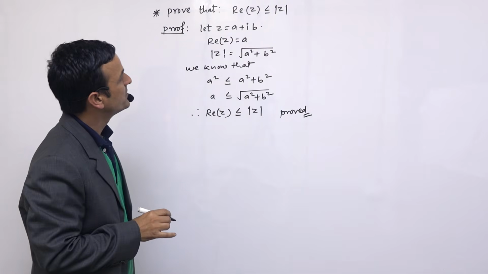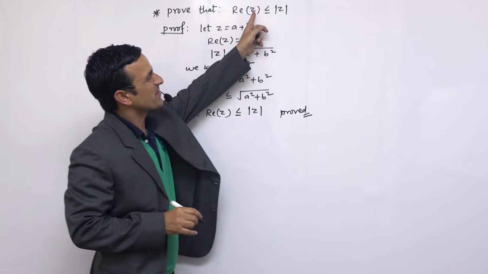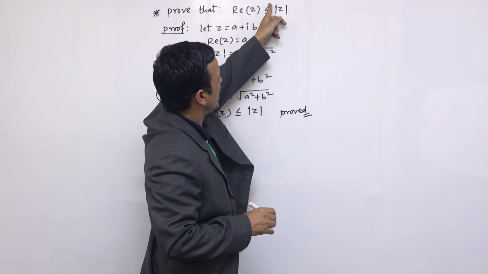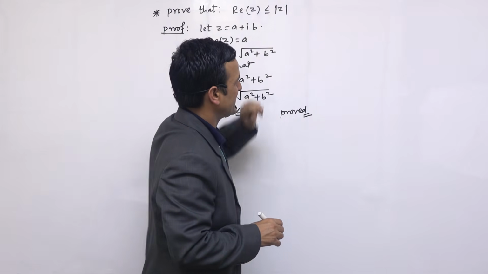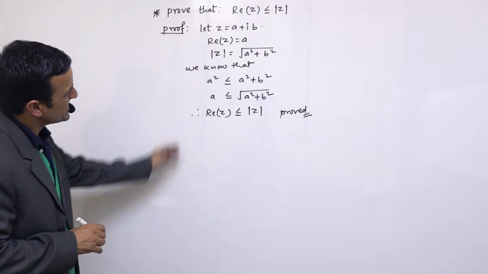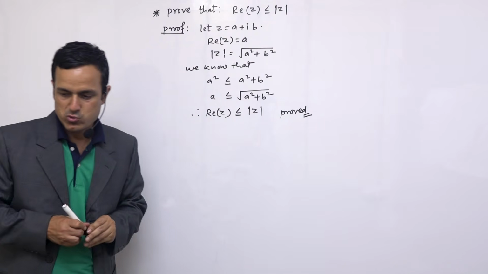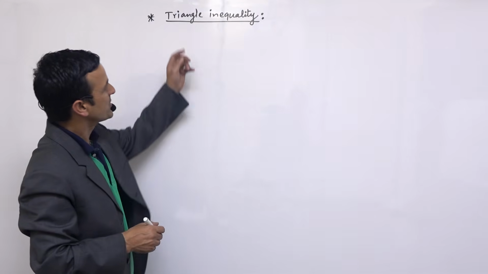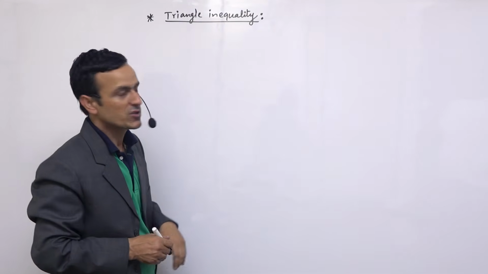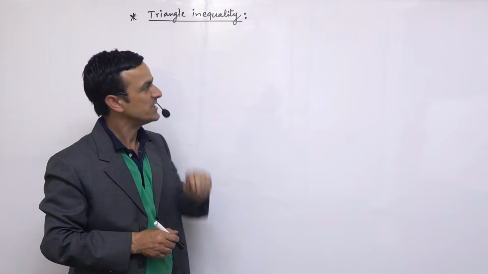Similarly, we can prove that the imaginary part of z is less than or equal to modulus z. In the same process, we can find out another result. We have another property of complex numbers, the triangle inequality.